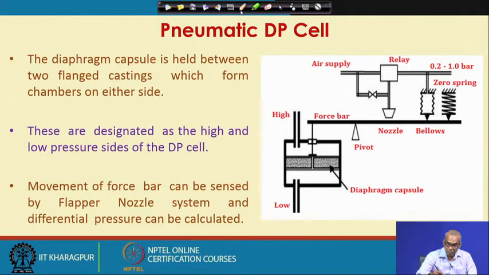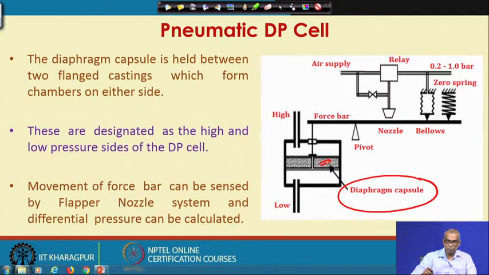So, these diaphragm capsules create two chambers, chamber 1 and chamber 2. These two chambers are connected to two different pressure sources. Let us say this is connected to a high pressure source, and this is connected to a low pressure source.